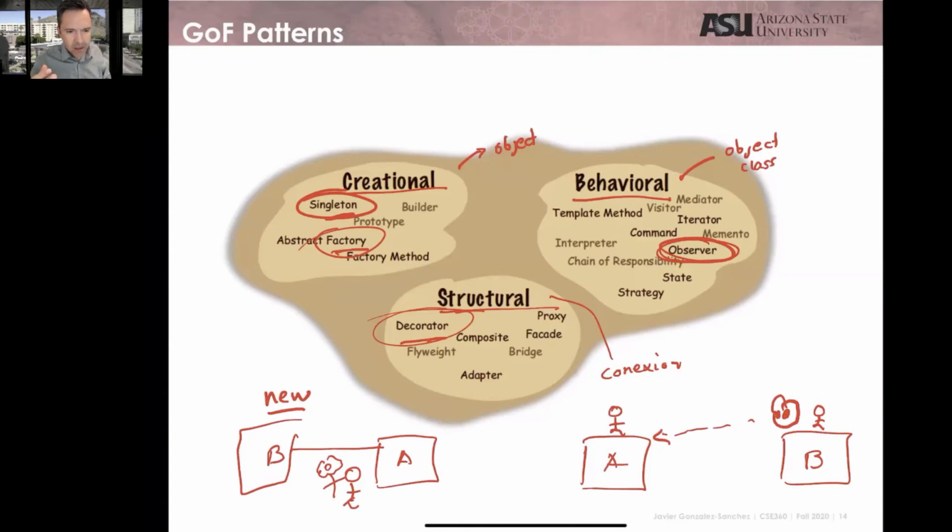This problem, we can solve it with an observer. And I do not need to explain the class diagram to you, because we both know it. The name of the pattern helps us to communicate. That is the second goal of the patterns: not only the solution, but also improved communication.